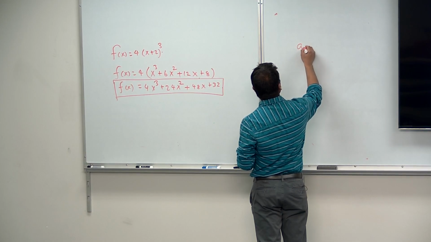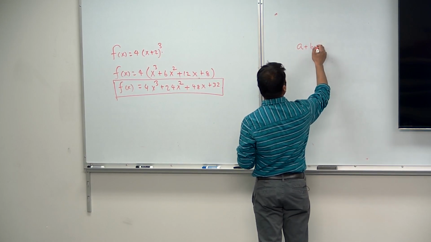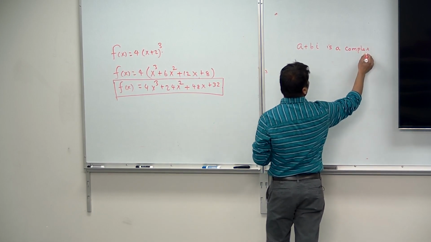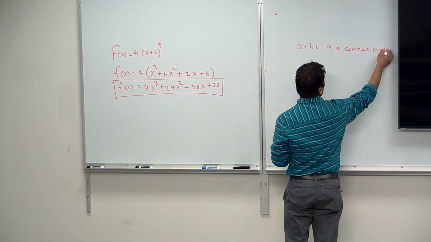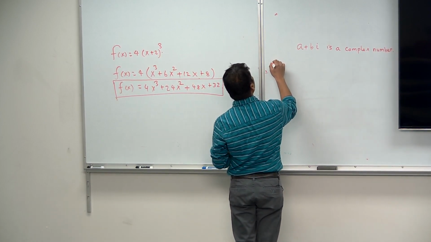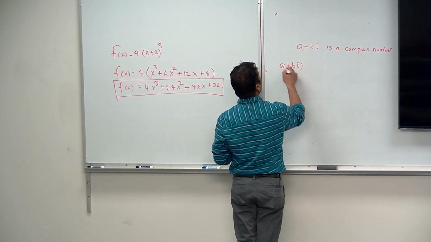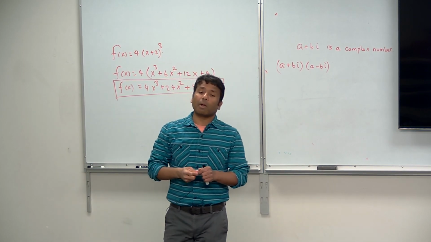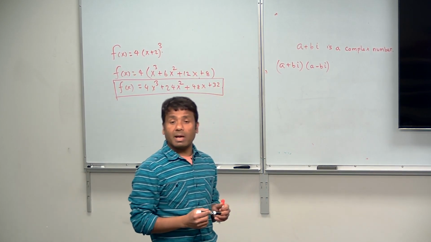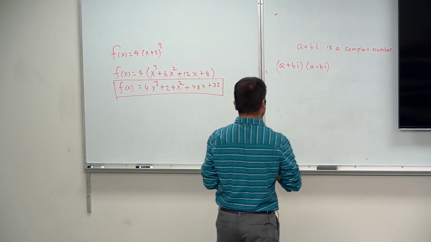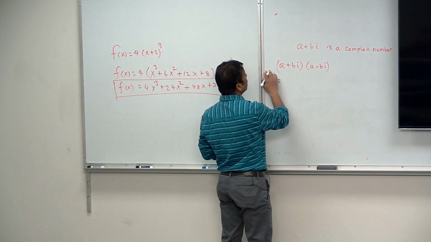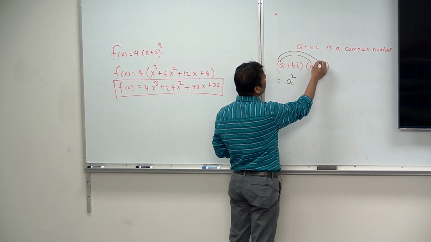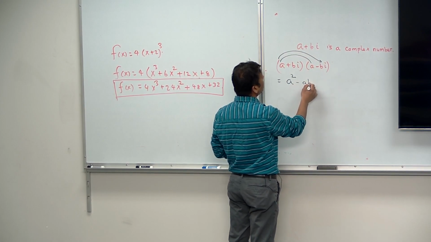If a plus bi is a complex number, and you multiply a plus bi with a minus bi, what will happen? You multiply a and a, it's going to be a squared. You multiply a times negative bi, so negative abi.